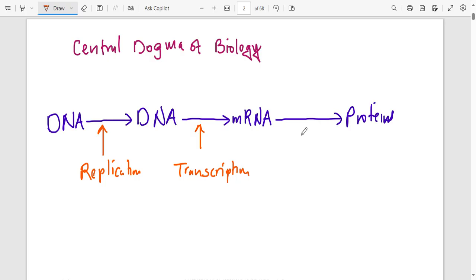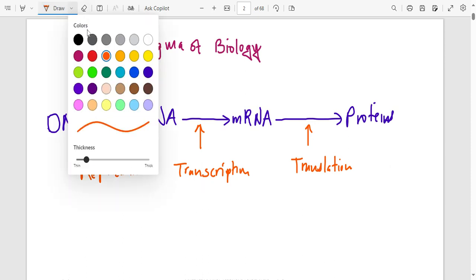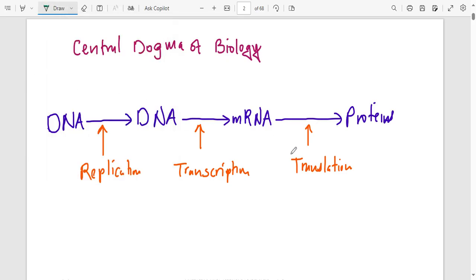The conversion of mRNA to proteins is known as translation. So this is the central dogma of molecular biology, and this one you need to make sure that you know. Now remember, we have already discussed replication and transcription. Now we are talking about translation.